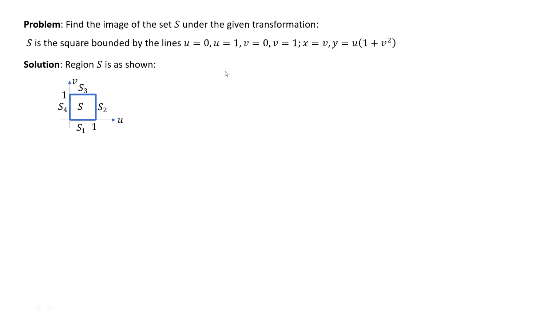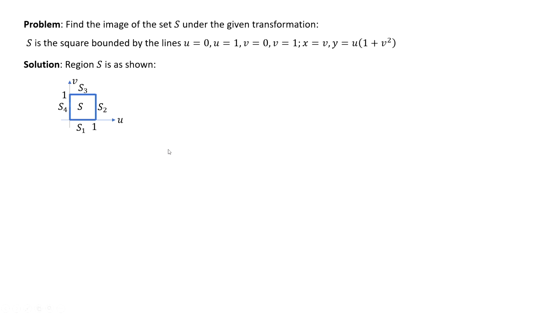Now, v equals 0 is the horizontal line, bounded by u equals 0 to u equals 1. So we have this simple line segment. Similarly, v equals 1 is this line segment. So what was given in terms of just u and v, we interpreted in a geometric fashion.